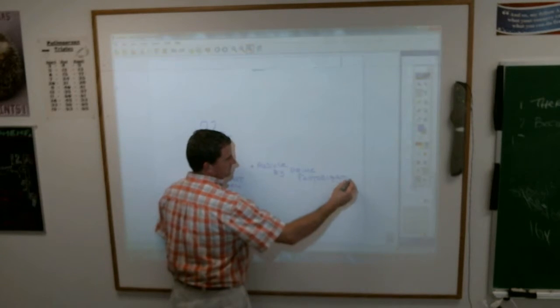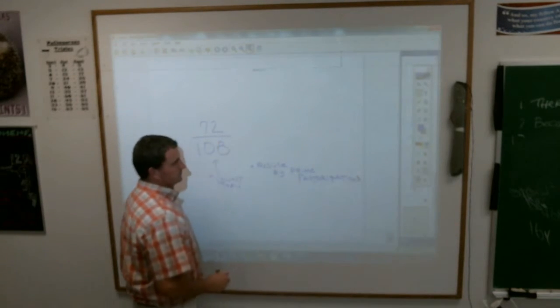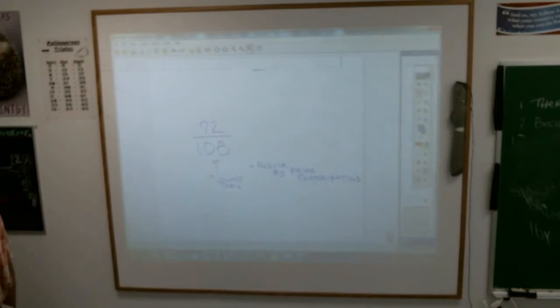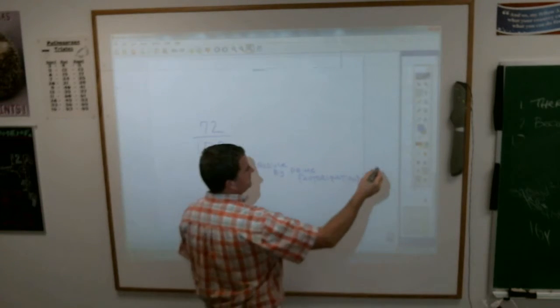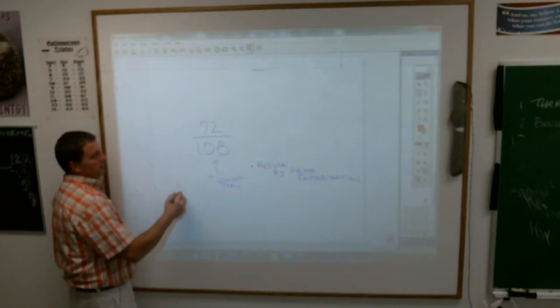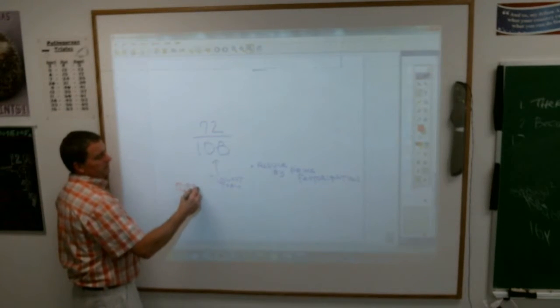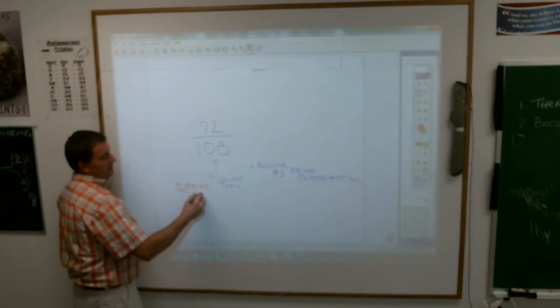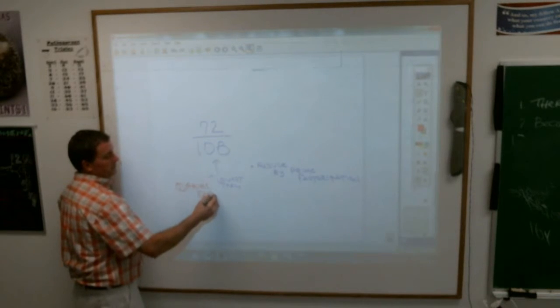Yes. Did I spell it right? And you'll remember doing this from last year, I think. We did. In order to be able to do this, step number one is you have to prime factorize both of them.